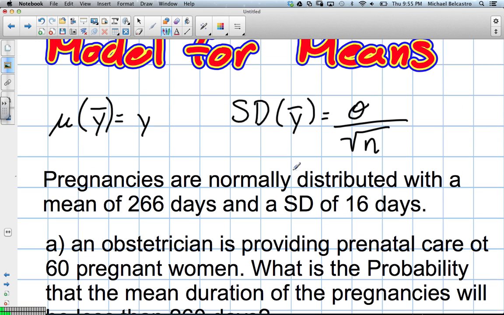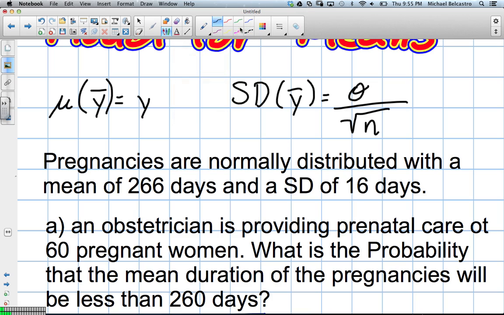Okay, so we've got to define a few things. First of all, essentially what they've told us is the average of the average is essentially what our average is. Well, we know that the mean is 266, so our y bar is going to be 266 in this case. Okay, they've also told us that the standard deviation is 16. Well, the standard deviation is represented by sigma, and that is 16, okay?